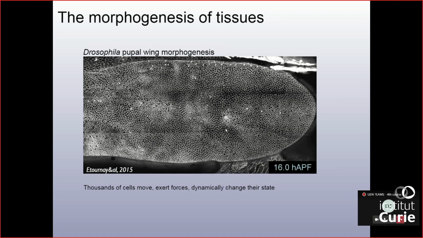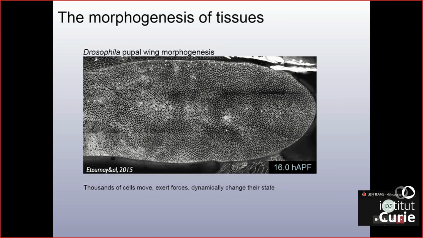What we would see in this movie is that all these cells are collectively moving, and as they collectively move, they deform the tissue, which in the end takes the shape of a wing. You can see in this movie also that this wing is made of many cells, thousands of cells. If you look at the large-scale flow, you don't really see the individual cells.